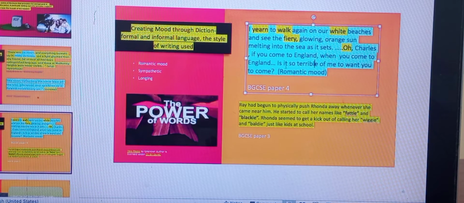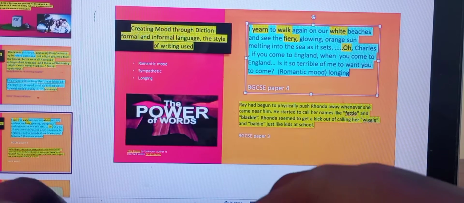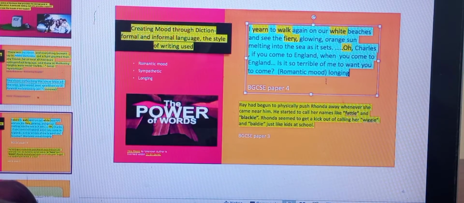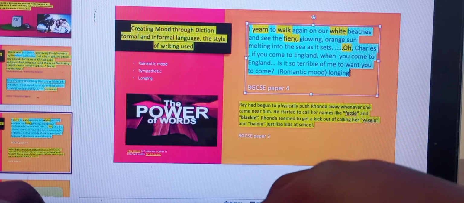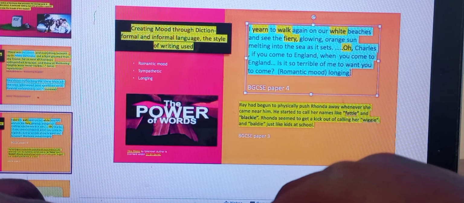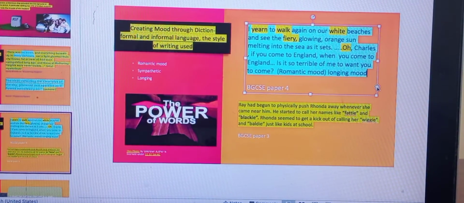And then the question here: is it so terrible of me to want you to come? So we sense longing from the way the words are pulled together. So there's a longing feeling or mood.